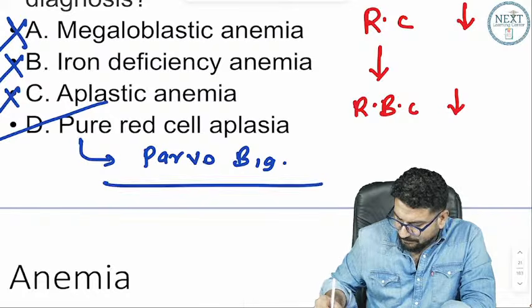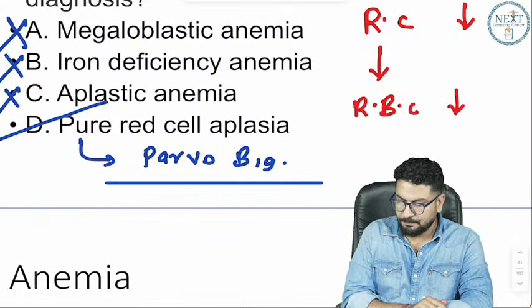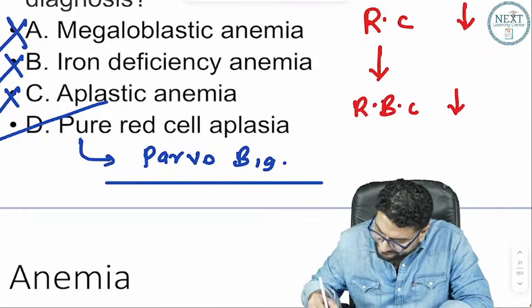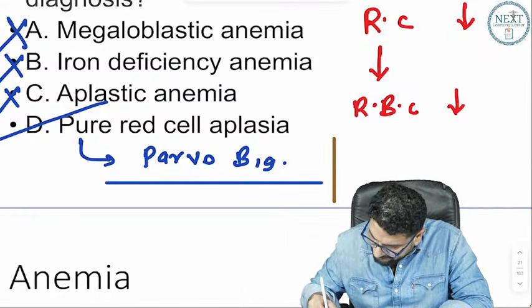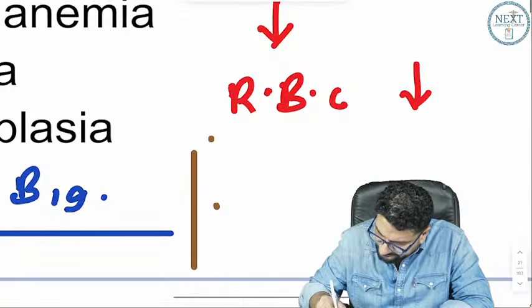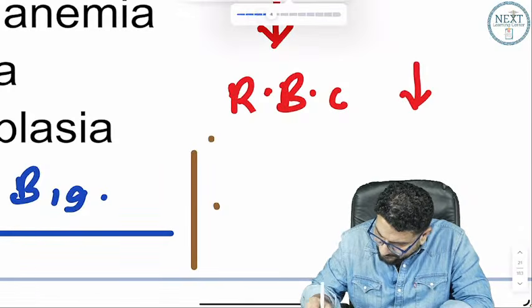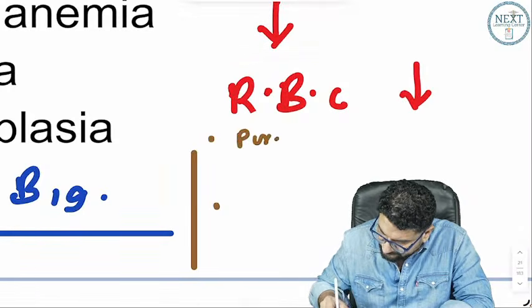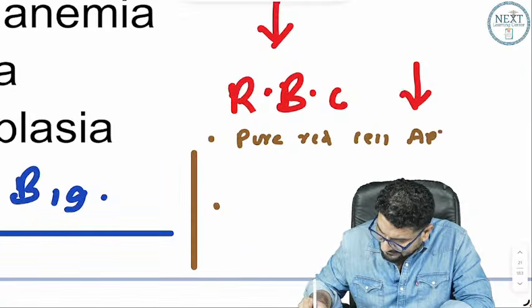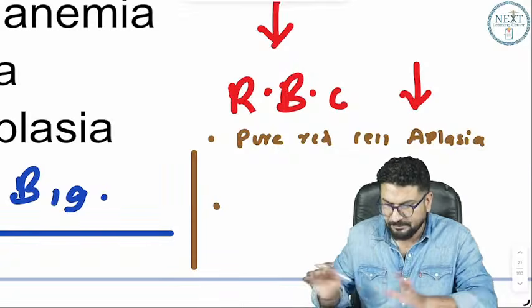It occurs because of parvovirus B19. Understand this thing, this can cause pure red cell aplasia, which means only RBC will decrease, WBC and platelets will be normal.